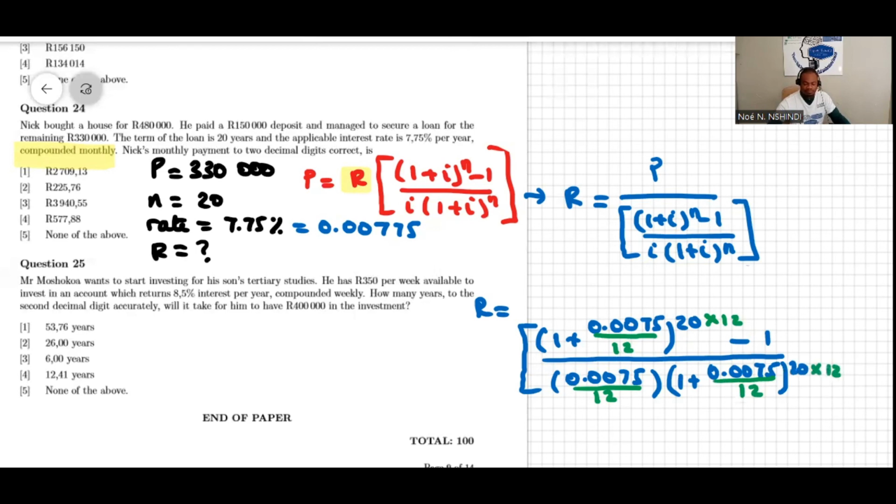And then I can just close the square bracket there, and then all under 330,000.